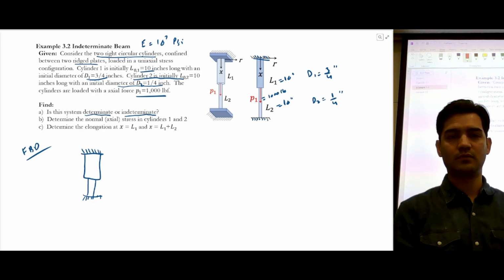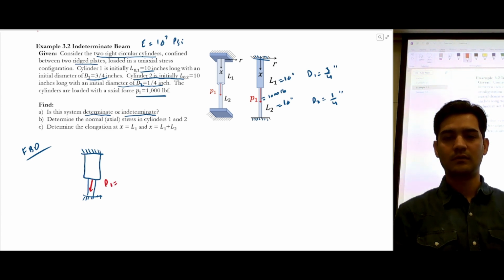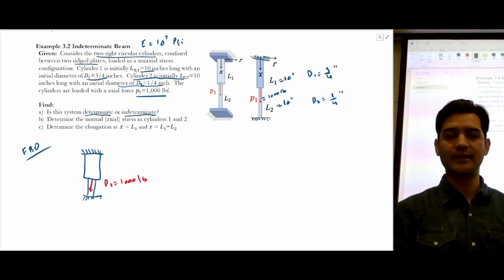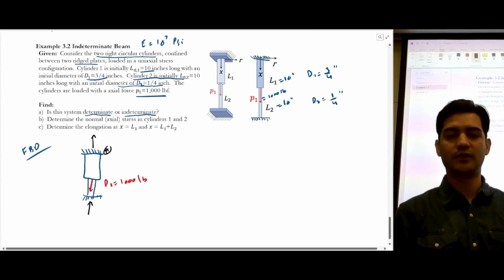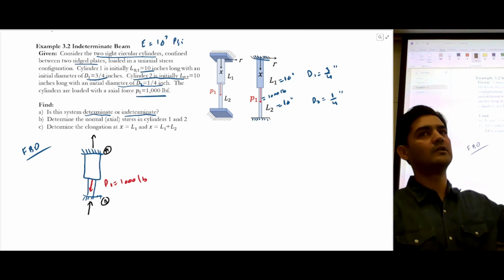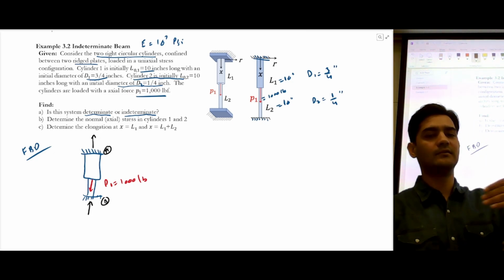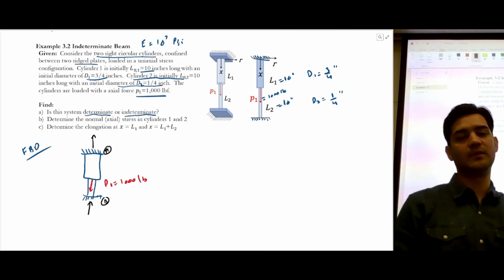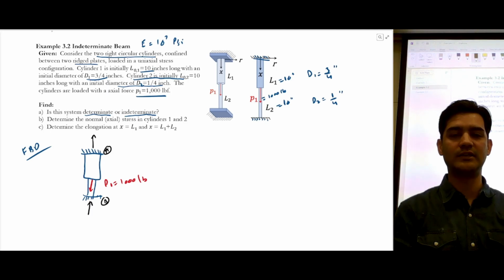So we know the load is 1,000 pounds, and we know the reaction forces. I'm going to draw, let's just say this is point A, and this is point B. There are no external loads in other directions, so I'm not going to draw those reaction forces, but you can draw them.